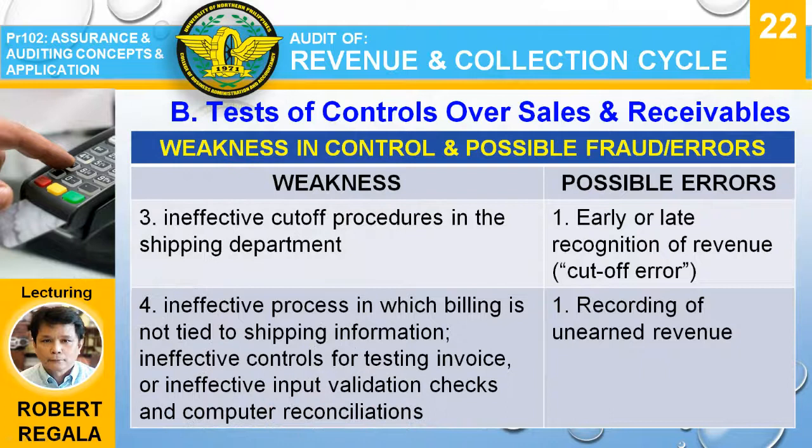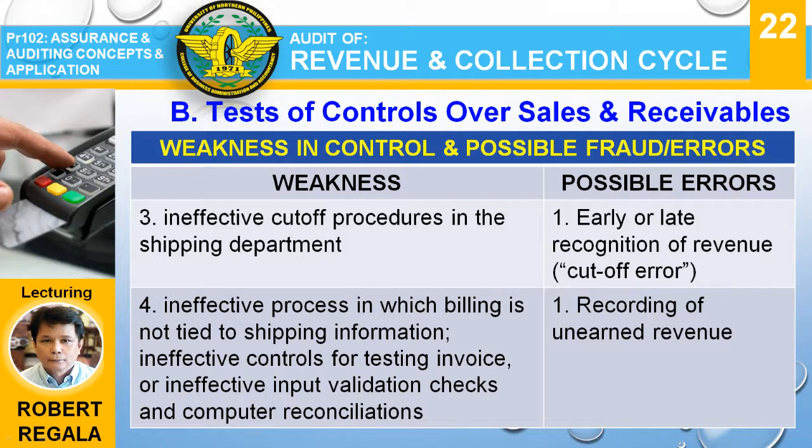Slide 22. The third weakness, described as ineffective cut-off procedures in the shipping department, might lead to the early or late recognition of revenue, for example, recording sales in the wrong period based on incorrect shipping information. And the fourth weakness: an ineffective billing process in which billing is not tied to shipping information, ineffective controls for testing invoices, or ineffective input validation checks and computer reconciliations to ensure the accuracy of databases.